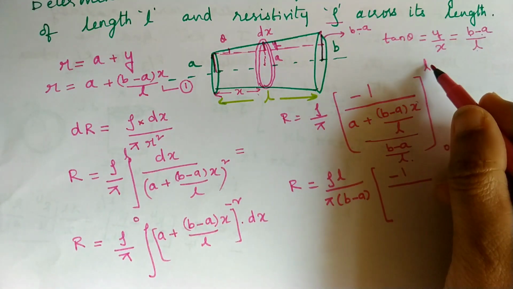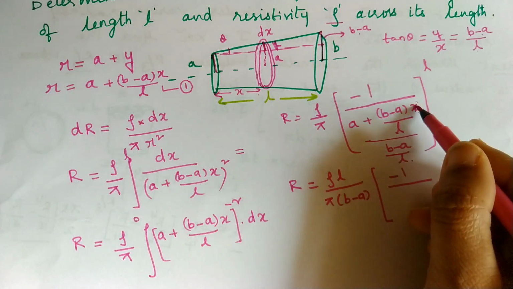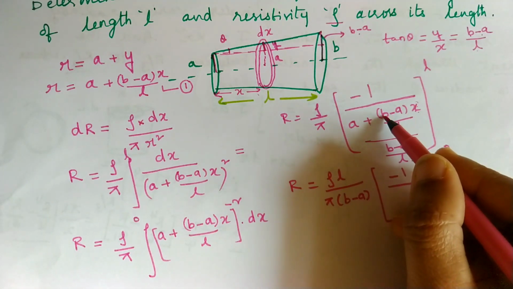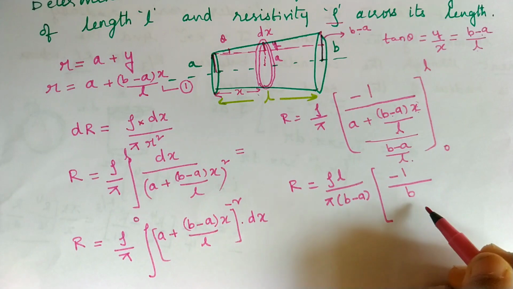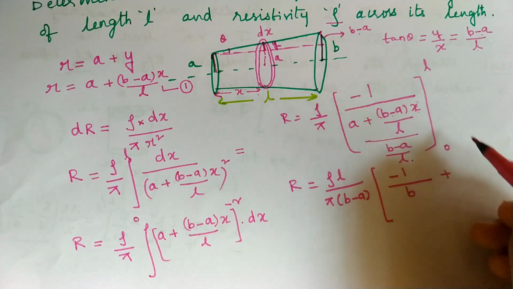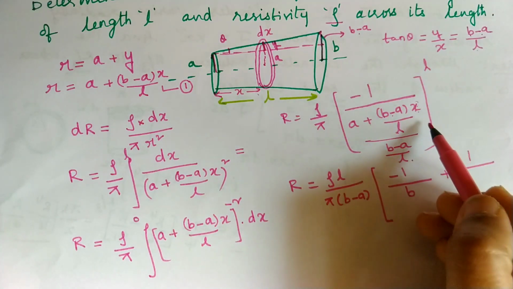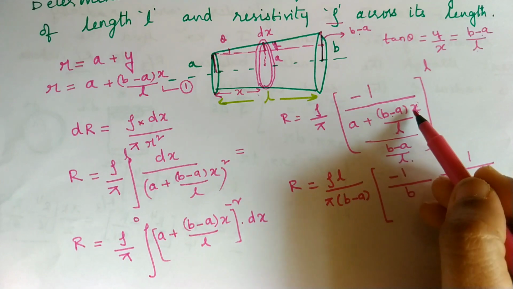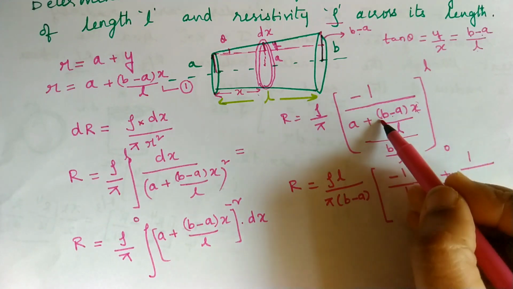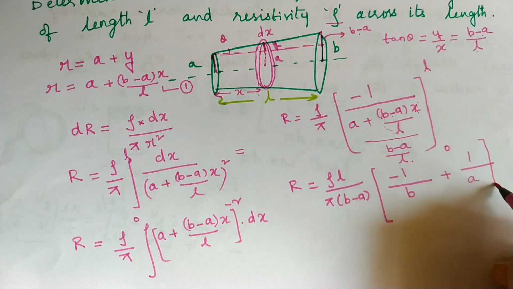What to write in the place of x? x is equal to L. When x becomes L, L and L get cancelled. a plus b minus a, we are left with b. Minus of minus is plus. When x is 0, this whole term becomes 1 by a.